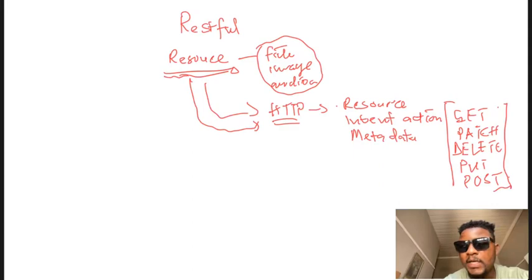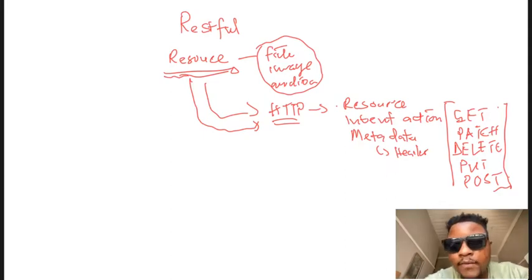Metadata can be authentication in the form of headers and other stuff. So the primary goal of an HTTP request is to carry your intentions over the internet. We don't manipulate the object directly using HTTP. We transfer a resource through a representation, which can be a JSON file.